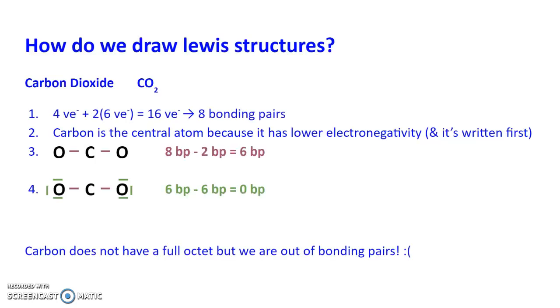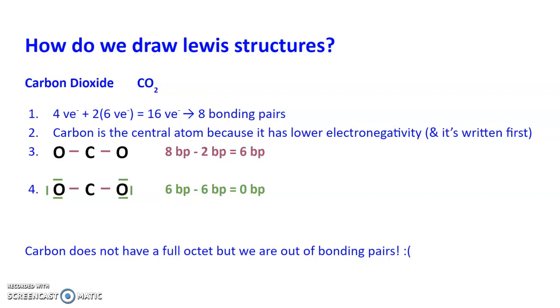So if we have carbon dioxide, and we looked at carbon dioxide earlier, we can say, all right, carbon brings 4 valence electrons to the party, plus each oxygen brings 6 valence electrons. So 4 plus 2 times 6 gives us 16 valence electrons, which means there are 8 bonding pairs.